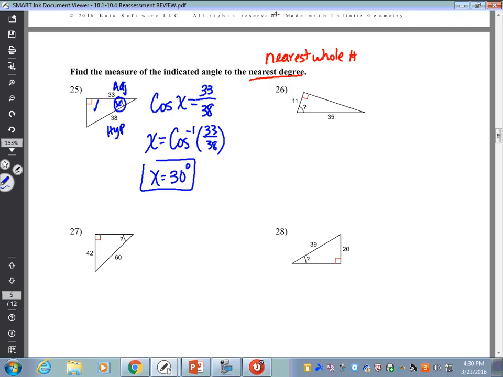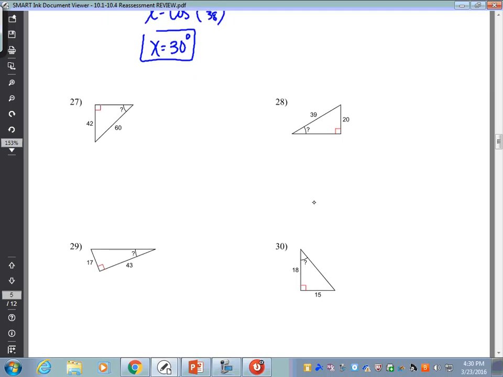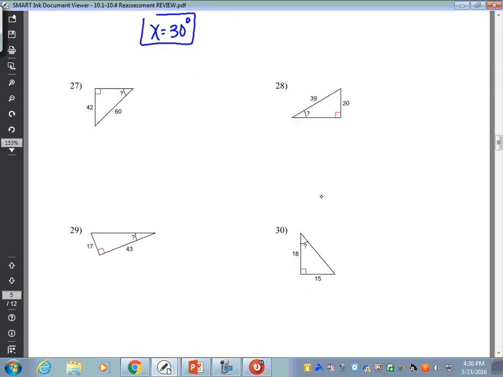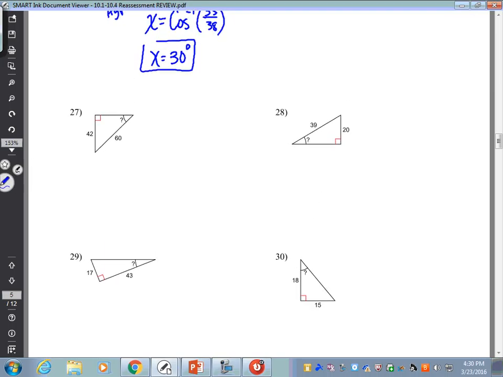On 26, 26 is very similar to 25, so I'm not going to do that one. Let's go on to 27. What I mean by similar, you'll see. 27, the question mark is the angle, so I'm going to put the X there. We circle that angle. Now look, I'm going across, so 42 is opposite. 60 is the hypotenuse. Now what trig function is dealing with opposite and hypotenuse?